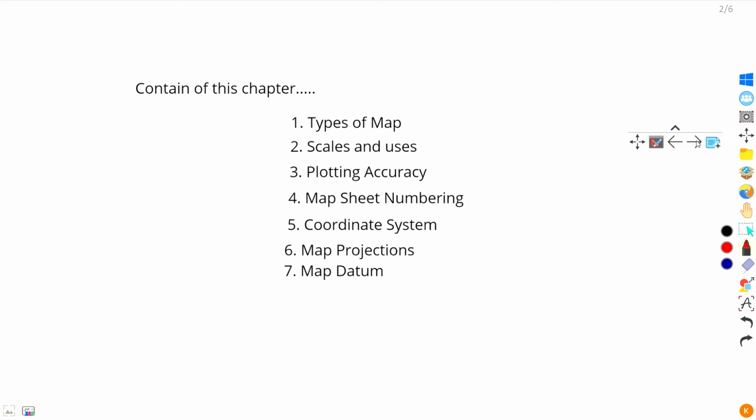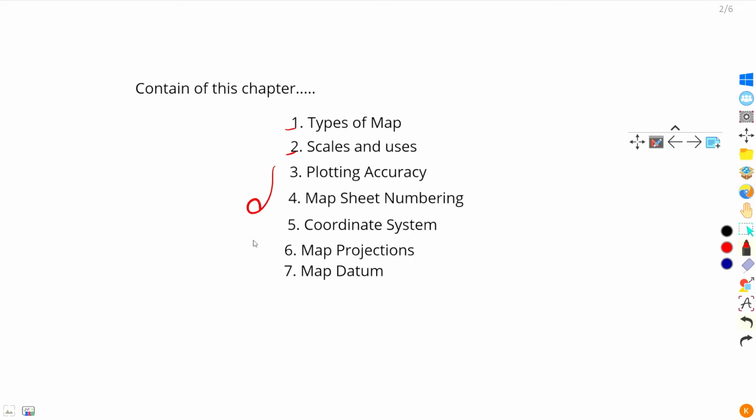So in this module there is some content, which is types of map, scale and uses, plotting accuracy, map sheet numbering, coordinate system, map projection, map datum. We already covered these two, right? Types of map and scale and uses we already covered.